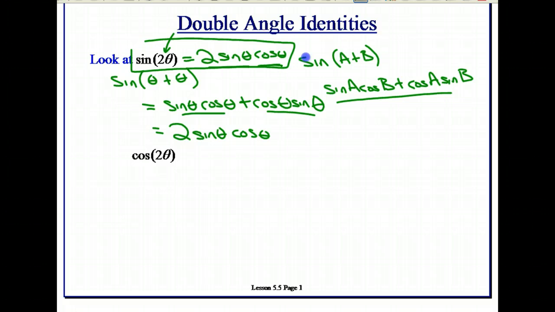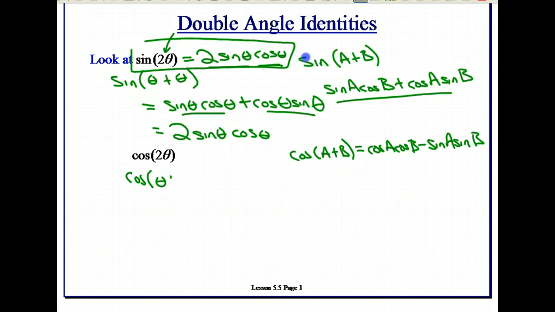Okay, let's do the cosine double angle. And again, you might remember, or you should remember, the cosine of a plus b goes cosine cosine minus sine sine. So let's use that over here, cosine of 2 theta. And I'm 99% sure this was a homework question because I remember people asking it. I think it was 65 on the third assignment.